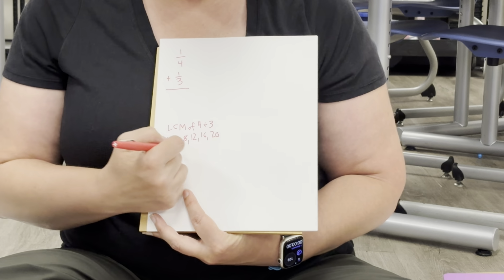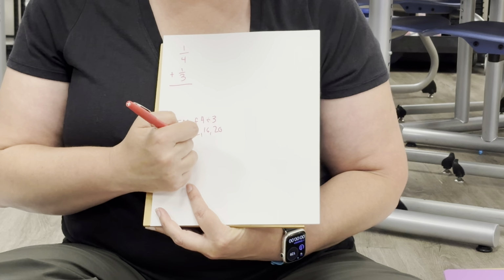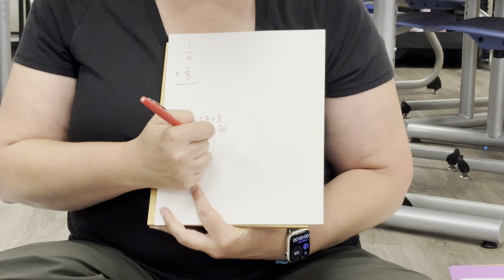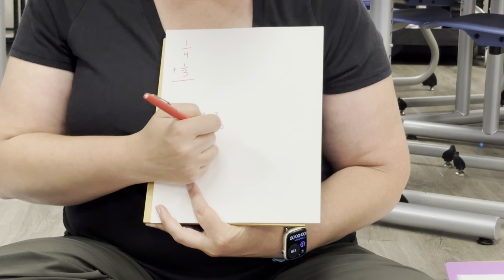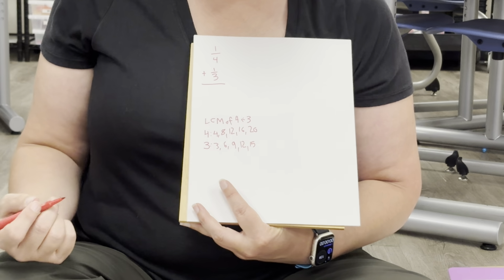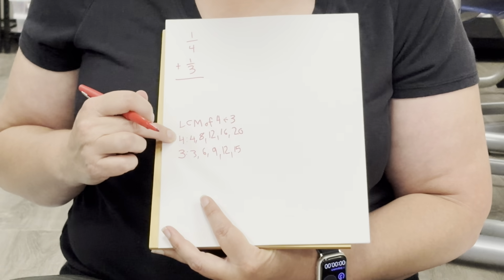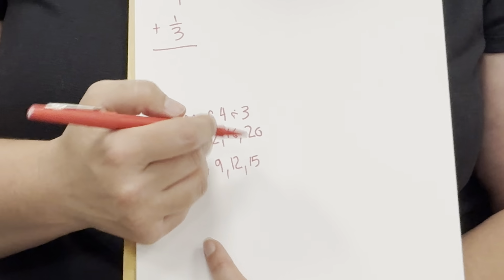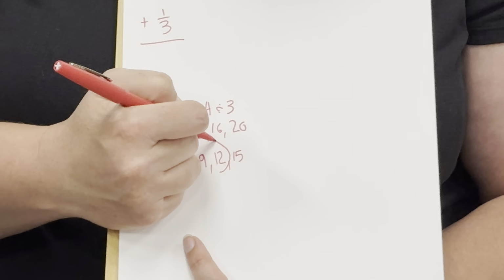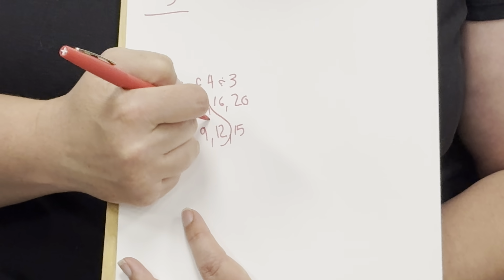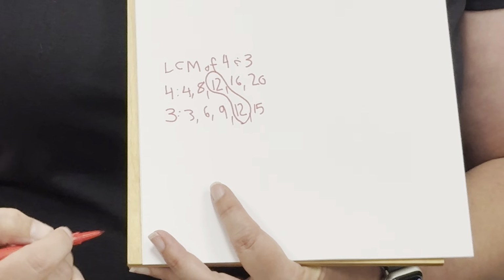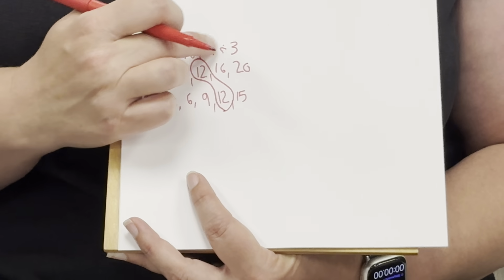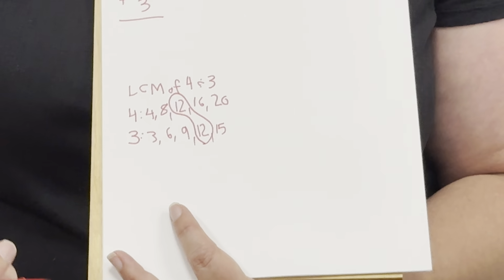And then we'll skip count by 3: 3, 6, 9, 12, 15. We'll see if that's enough. So are there any multiples that are the same for both? 12. 12, you're right. So I'm going to circle it, put that little peanut around it. So the LCM of 4 and 3 is 12.